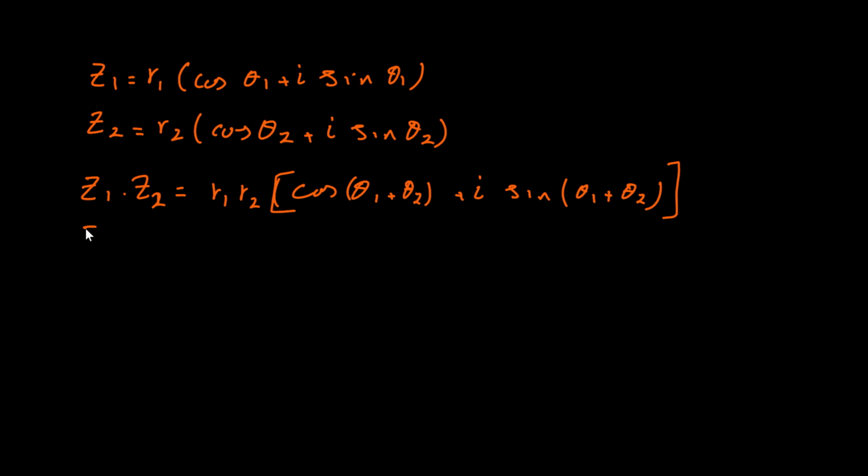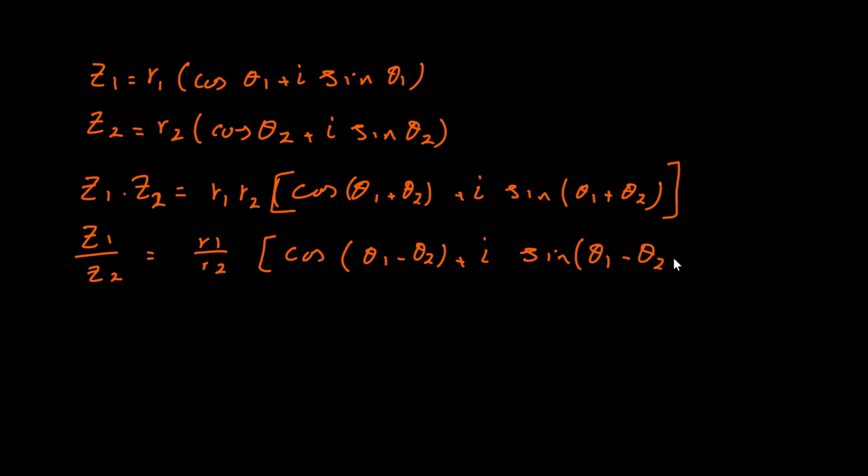Now, what if we want to divide them? Dividing them, as you would guess, is going to be R1 divided by R2 cosine of theta 1 minus theta 2, plus i sine of theta 1 minus theta 2. So that's how we multiply or divide two polar forms.